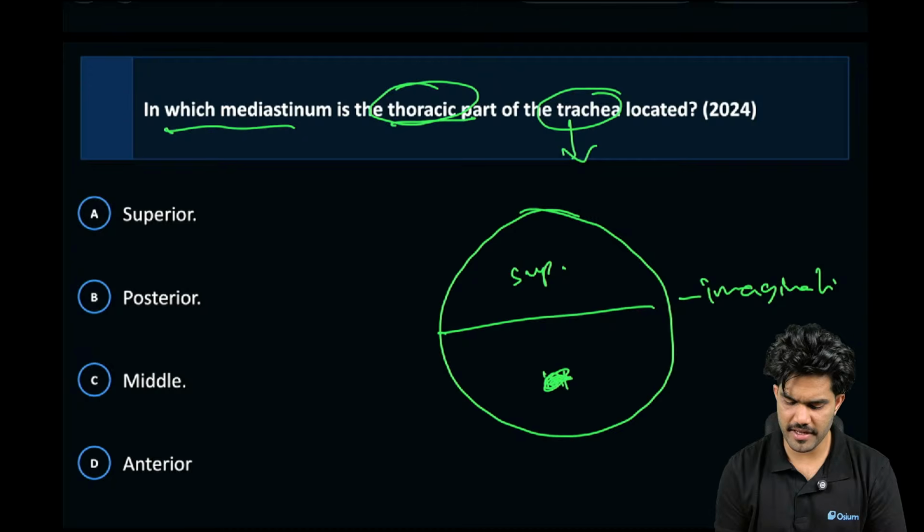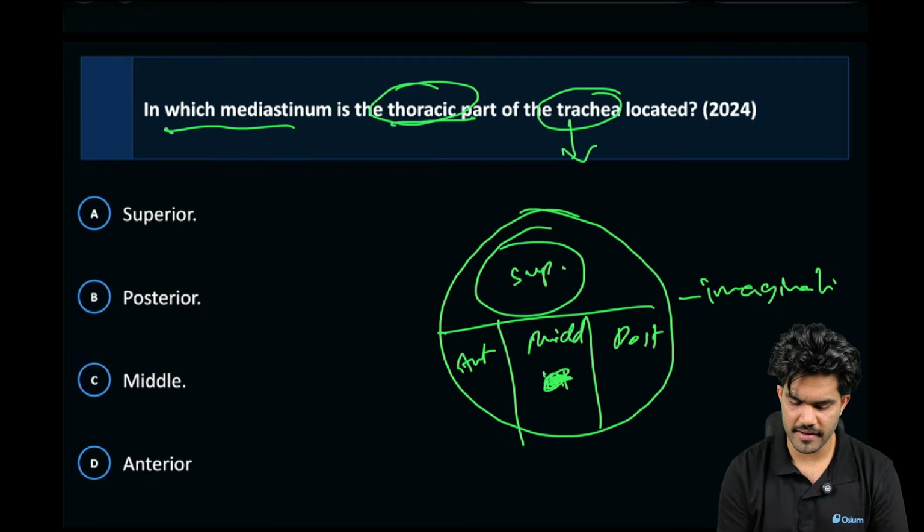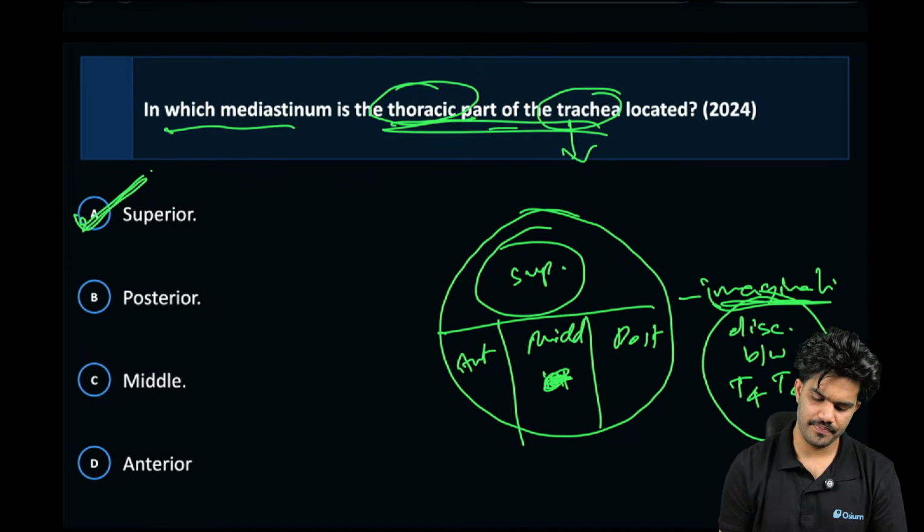The inferior mediastinum is divided into anterior, middle and posterior. So here, the trachea is present, in the superior. The imaginary line is the disc between T4 and T5.